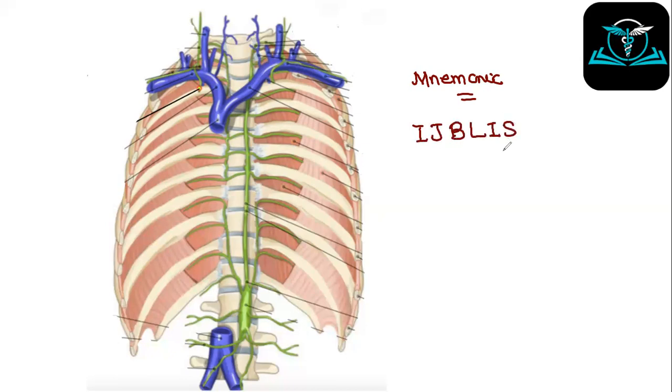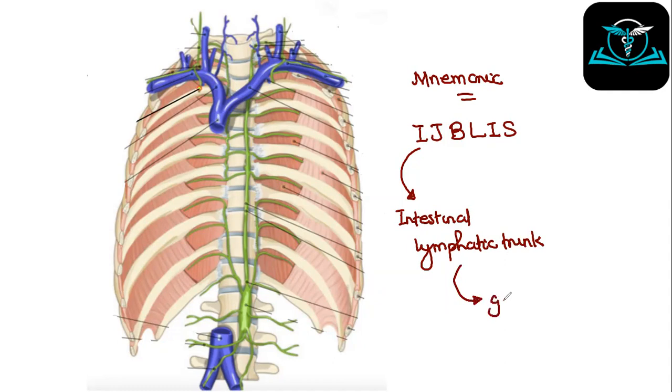And so the first I want to talk about is actually the intestinal lymphatic trunk. And the intestinal lymphatic trunk would actually bring most of the lymph from the gastrointestinal system.